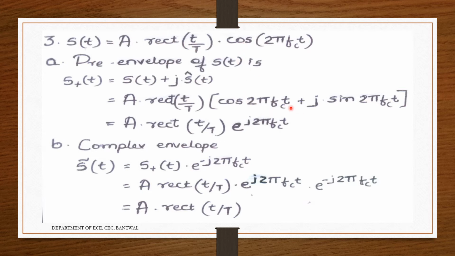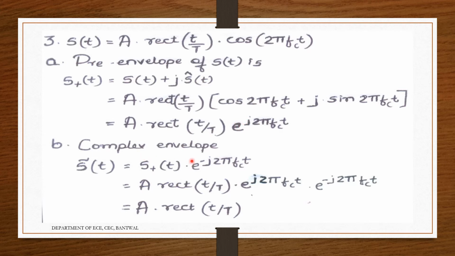I am taking only the cos 2 pi f c t plus j sin 2 pi f c t, because with cos 2 pi f c t and a 90-degree phase shift I get sin 2 pi f c t. That is equal to A into rect of t by capital T into e raised to j 2 pi f c t. I have taken it directly.